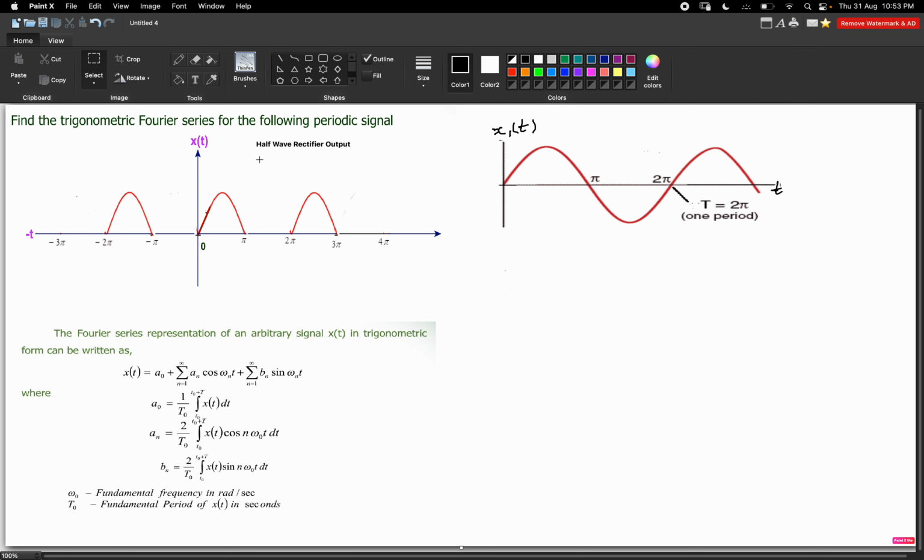Let us consider the half-wave rectifier output waveform. So the half-wave rectifier output waveform will be like this. So we assume the amplitude is equal to a.